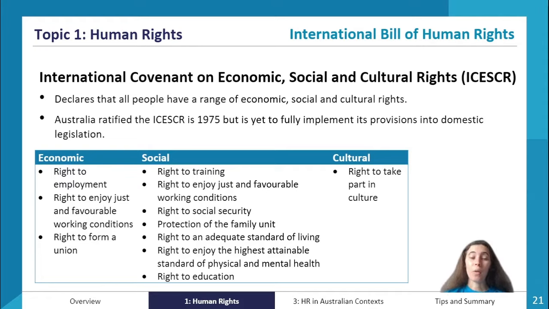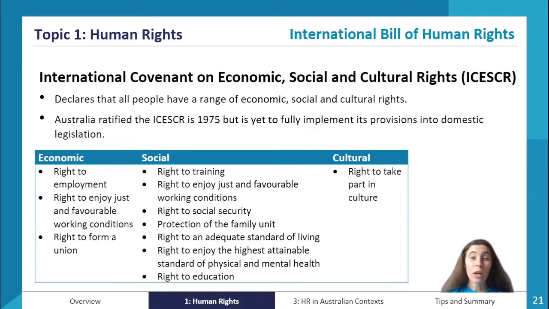So we often hear about different unions in Australia. We are a signatory to this covenant, so everyone in Australia has the right to form a union. For example, there are teacher unions, and they advocate for teachers' rights.